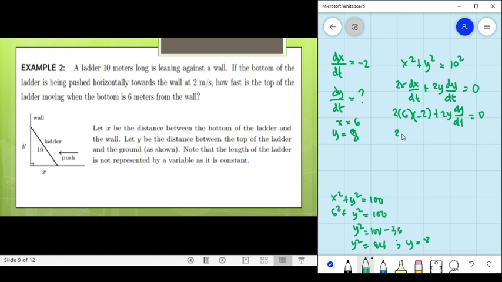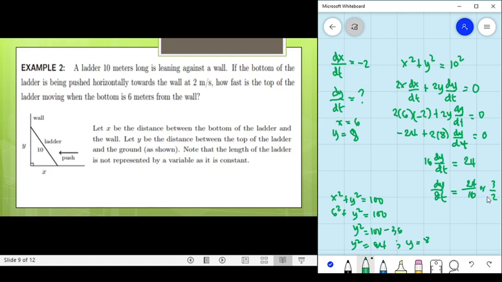So 2 times 6 times negative 2 is equal to negative 24, right? Plus 2 times 8 times dy over dt equals 0. So 16 dy over dt is equal to positive 24. Our dy over dt is equal to 24 over 16, which can be reduced by 8 to 3 over 2.